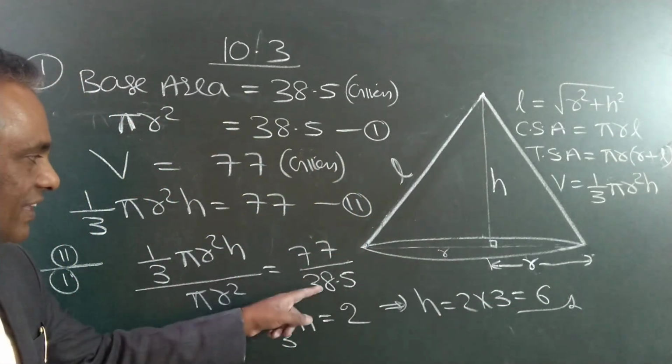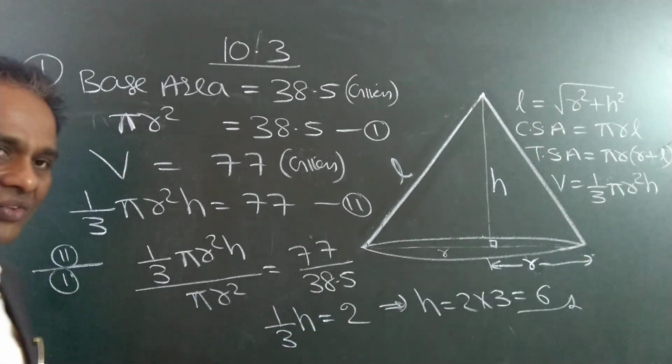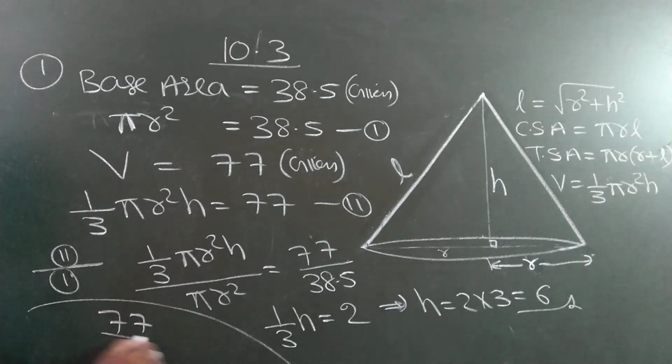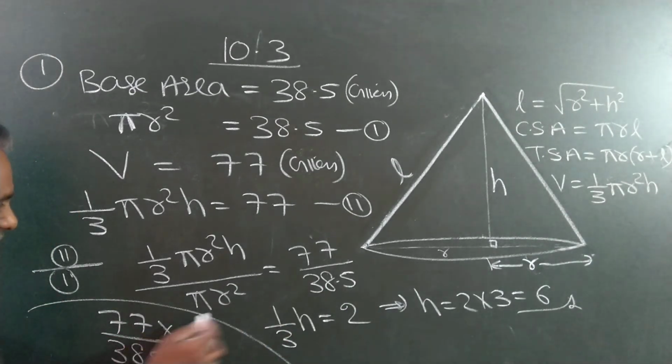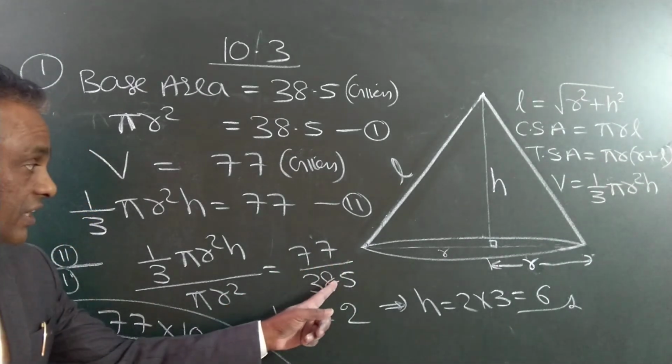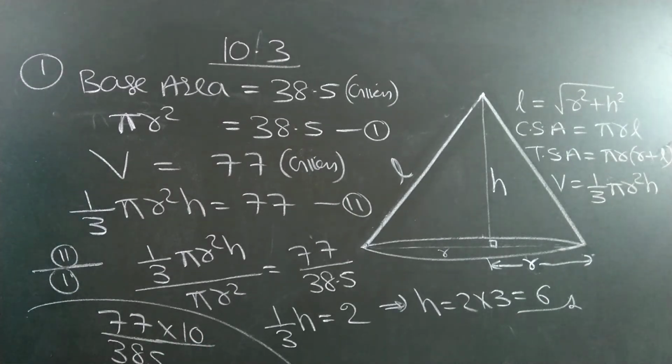Students, you know how to simplify this. This will be 2 finally. So how? I will explain. 77 by 38.5. How to remove the decimal? To remove the decimal, we have to write 10 in the numerator. Remove after decimal 1 digit, so put 0 in the numerator.